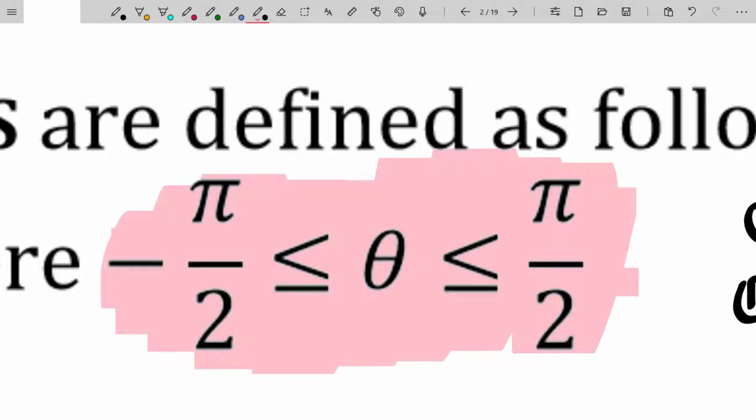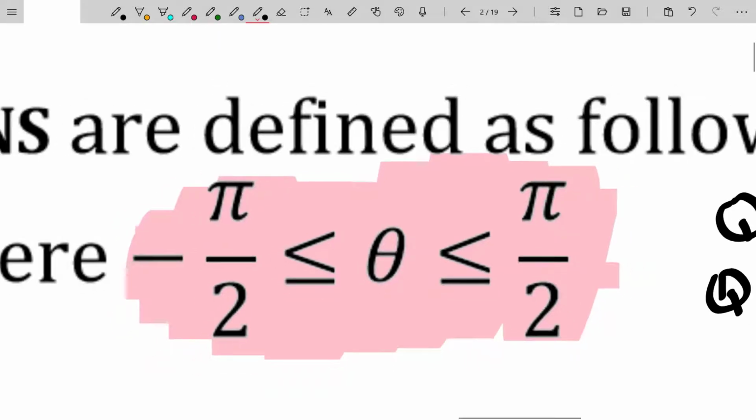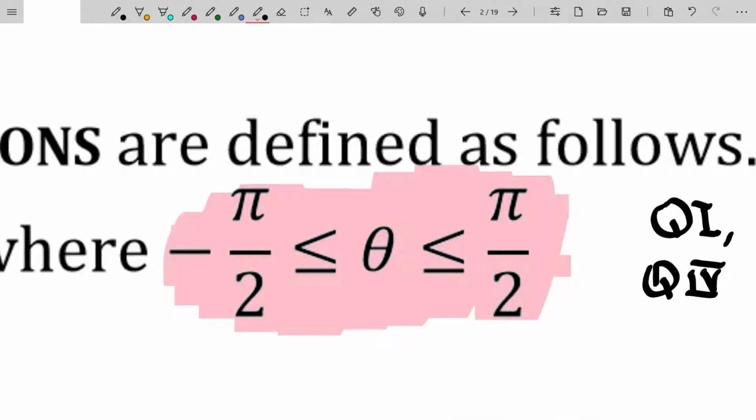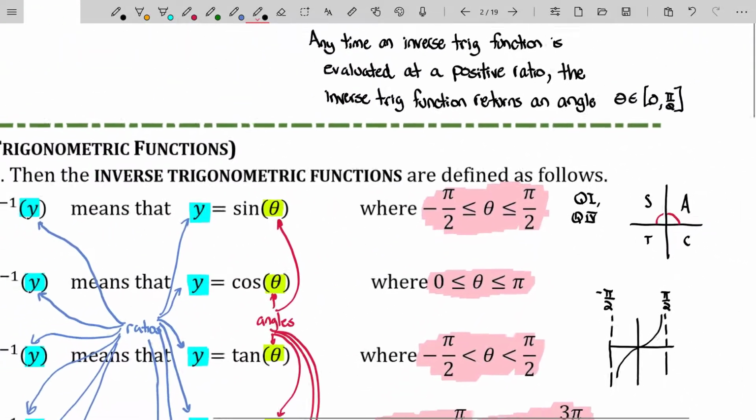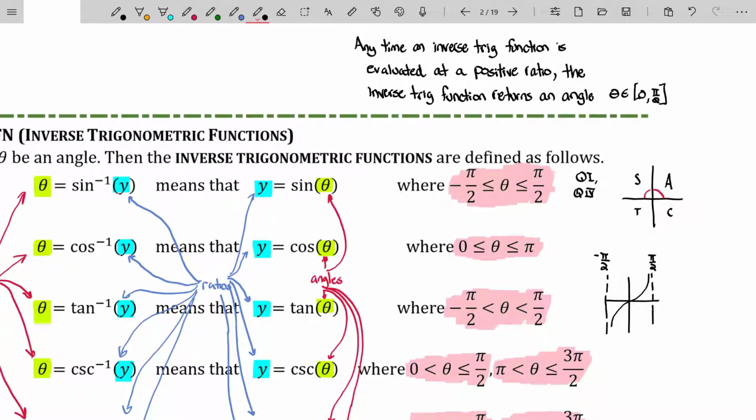The angle we are going to be talking about must be between negative pi over 2 and positive pi over 2. So not only does it have to be in quadrants 1 and 4, but it also has to be a small angle. And you'll do that with each of these. The cosine inverse returns an angle between 0 and pi, and that's quadrants 1 and 2, and so on and so forth down the line.